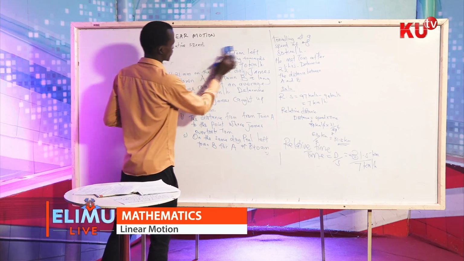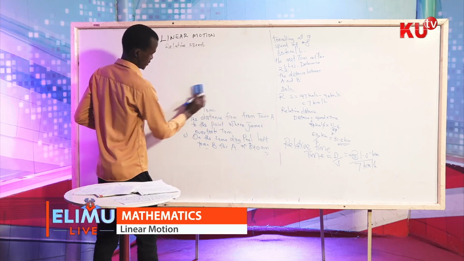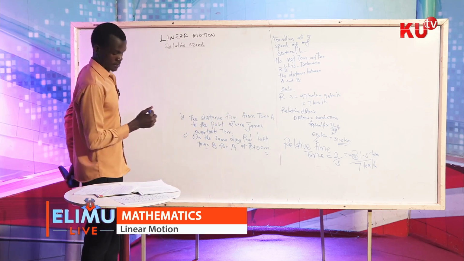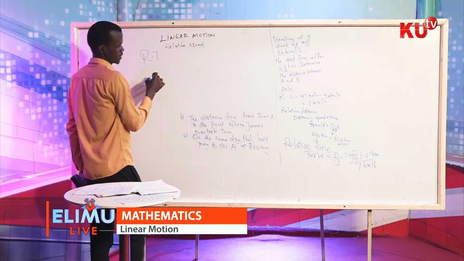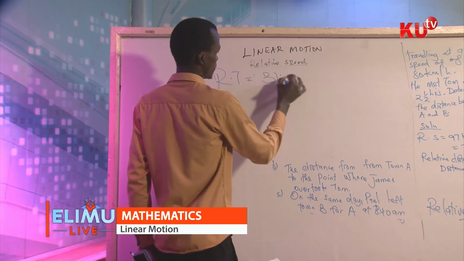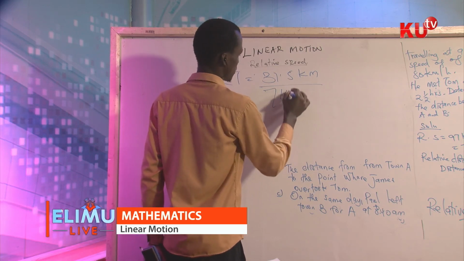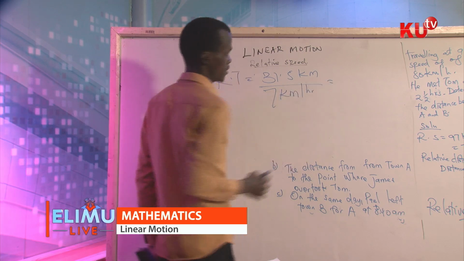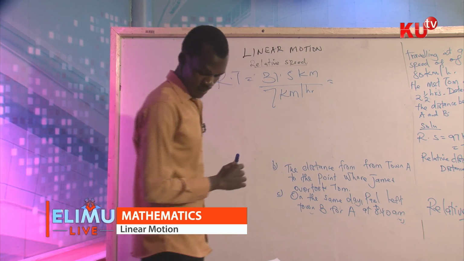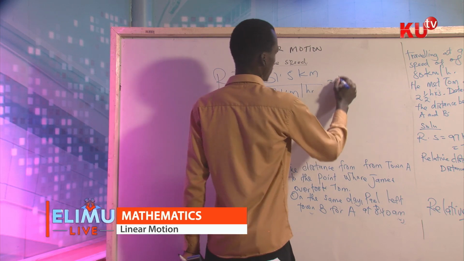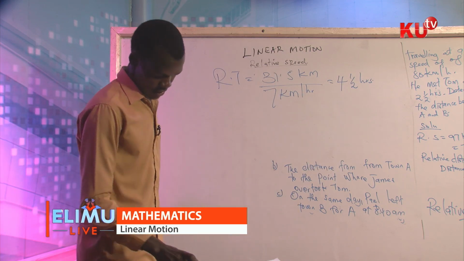So our relative time is 31.5 kilometers divided by 7 kilometers per hour. If you divide, you'll get 4.5 hours. That is our relative time.